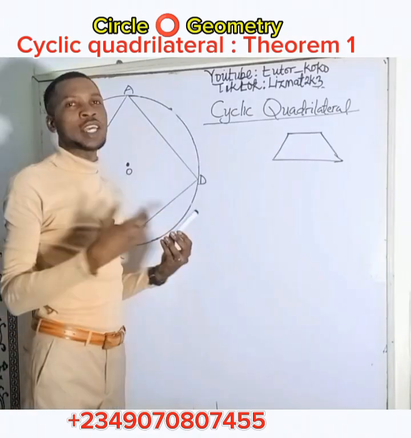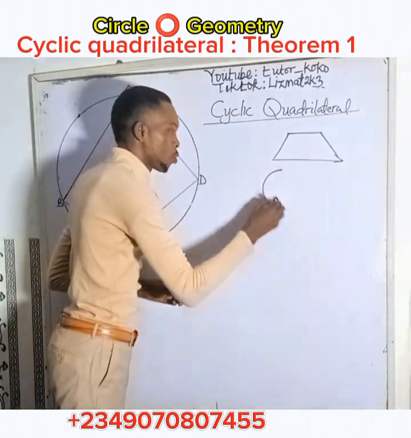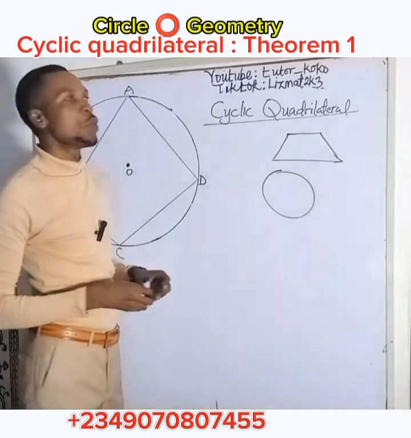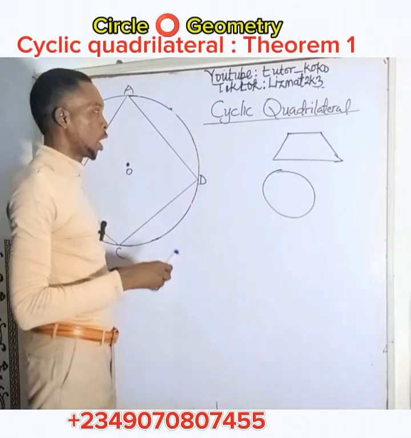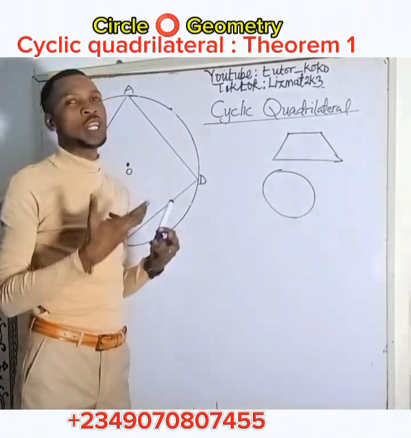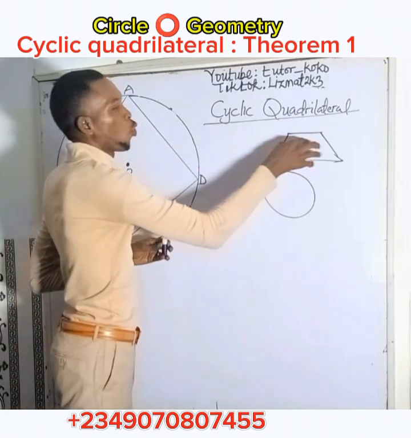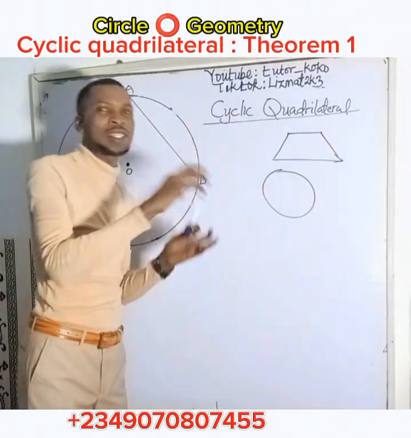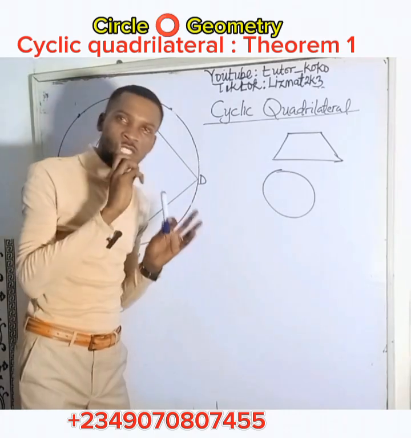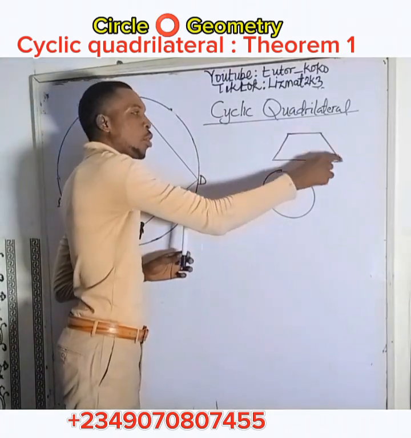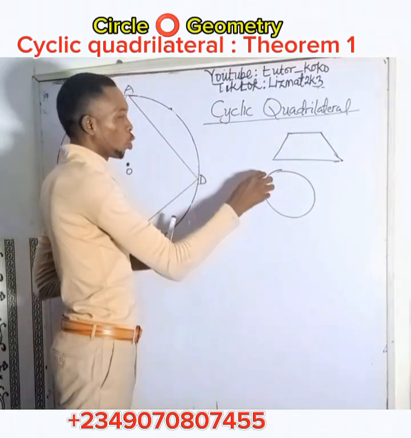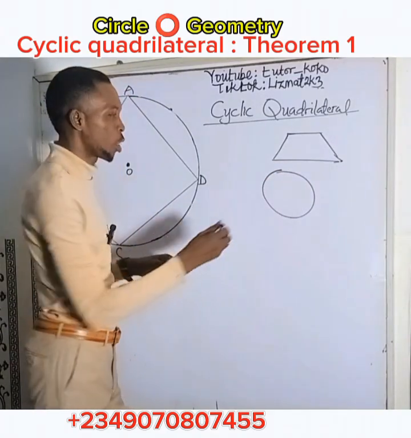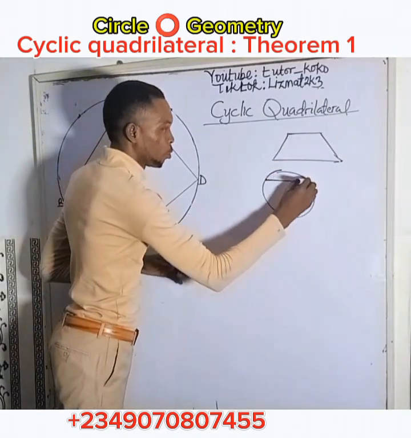And the word cyclic is from the word cycle. Now, what do we mean by cyclic quadrilateral? A cyclic quadrilateral simply means a quadrilateral that is inscribed inside a circle, such that the vertices of the quadrilateral touch the circumference of the circle, like this.